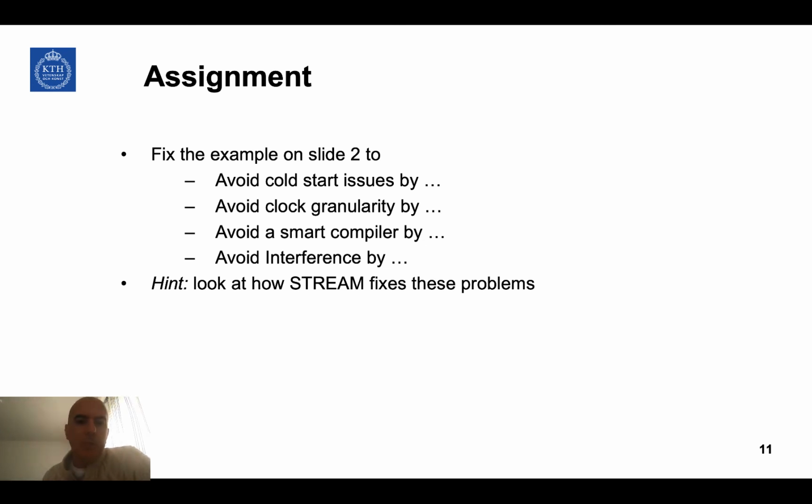Right? One suggestion I give you is also to look at how the stream benchmark fixes all these problems. The stream benchmark is taking care of all these problems. So you can go back to stream.c that we can provide in Canvas and see how the stream benchmark fixes all these problems.